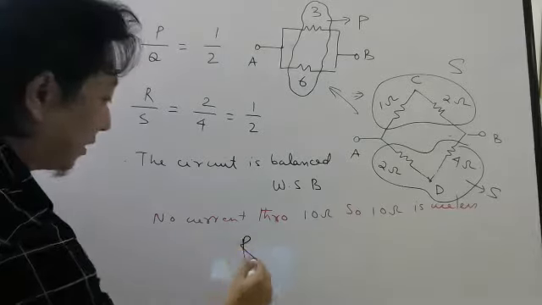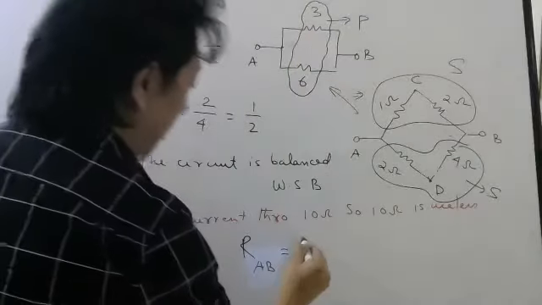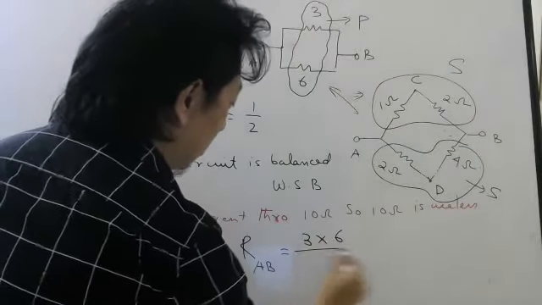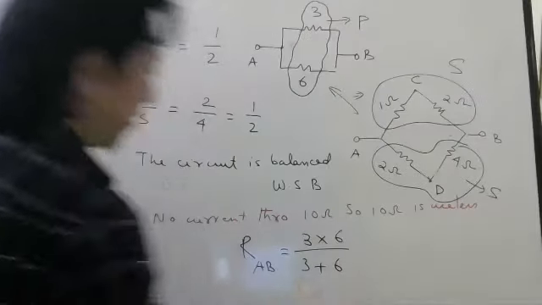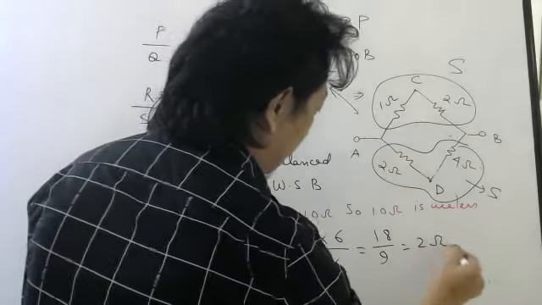So total resistance between A and B, since it is parallel, use the formula R1 R2 by R1 plus R2. So 18 by 9, 2 ohm.